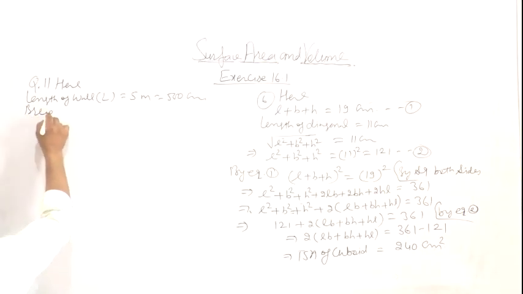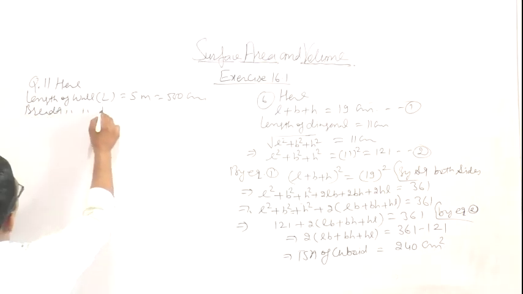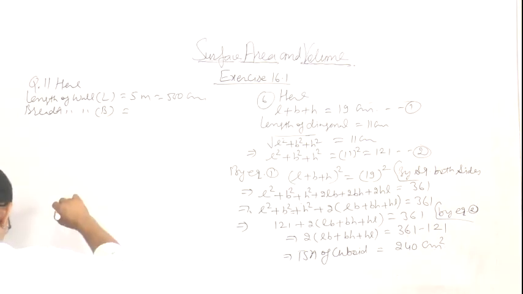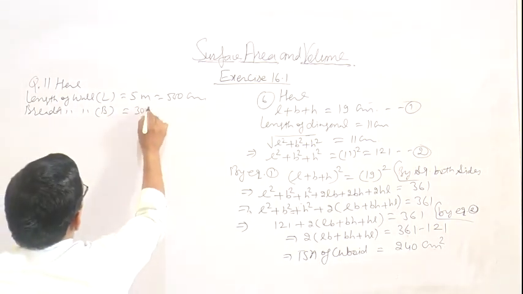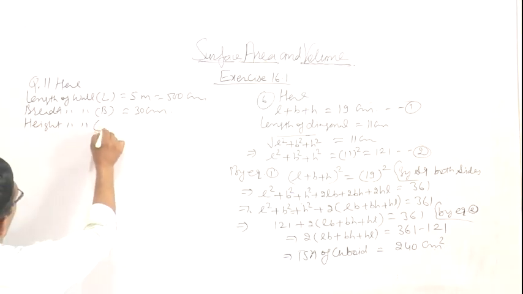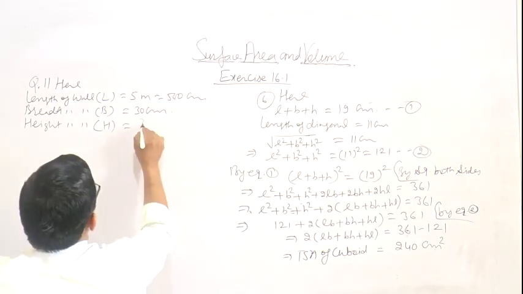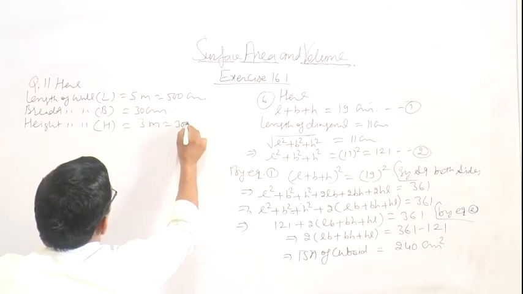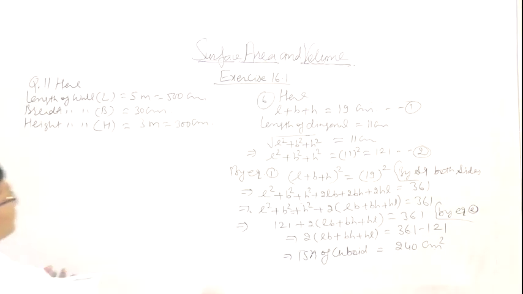Then breadth of wall is 30 centimeter. Then height. Height of wall is capital H, that is 3 meter, equal to 300 centimeter.